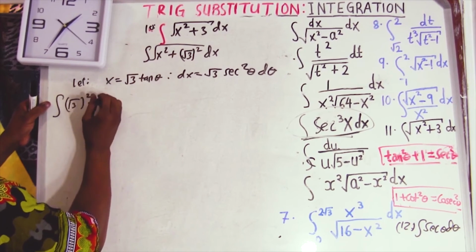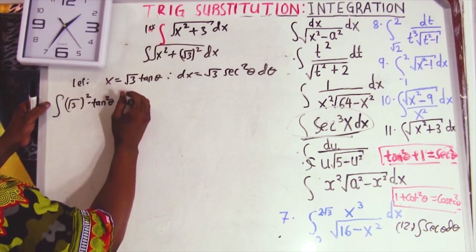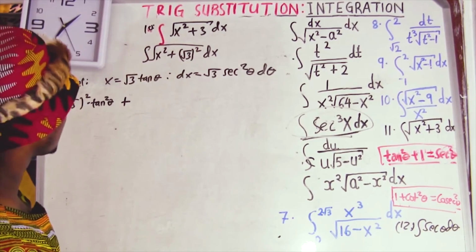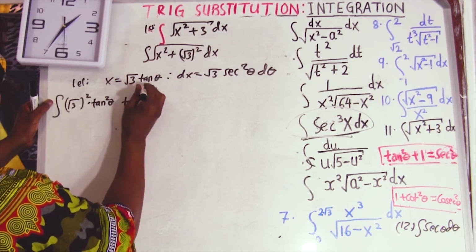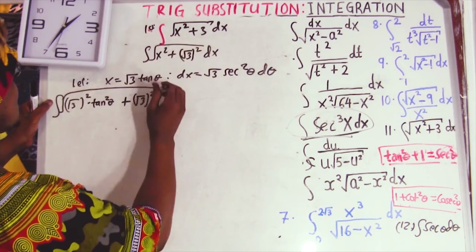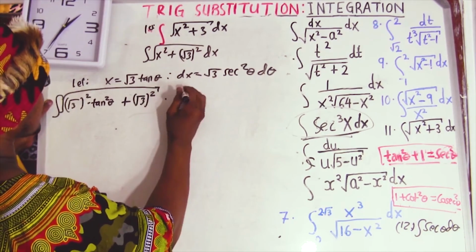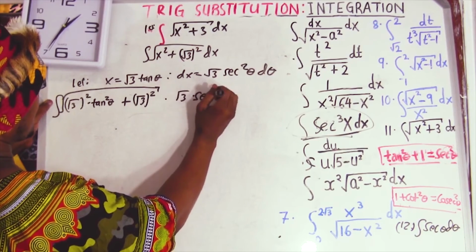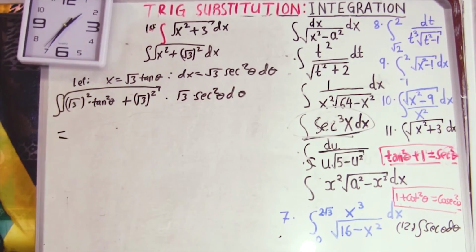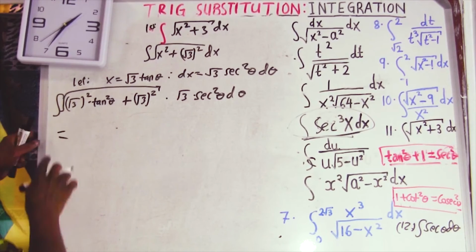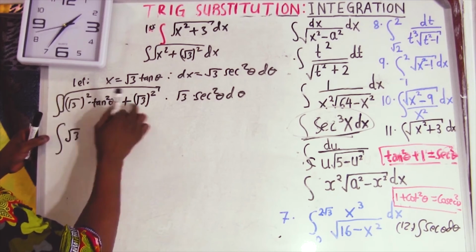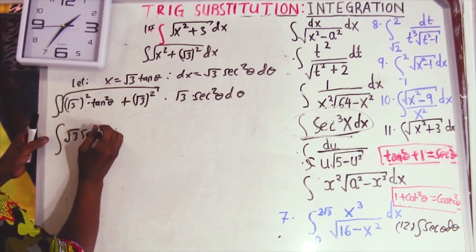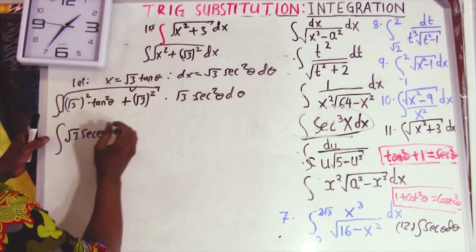Okay, tan plus plus. This one, you remember how it is? dx, what is dx? dx equal to this one. Okay, this is going to give us this, and then sec. You can do slowly. All of this is going to give you this.